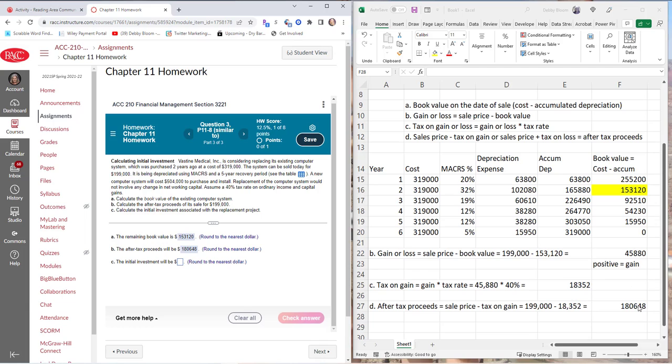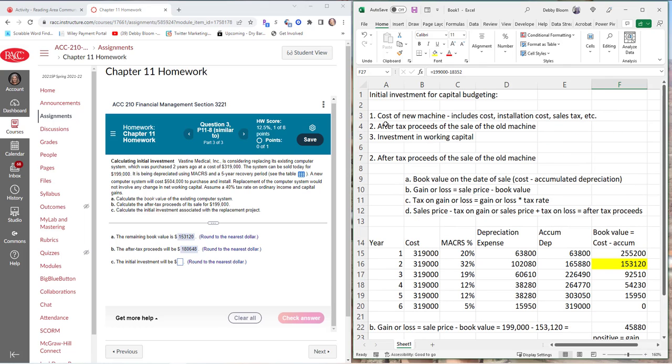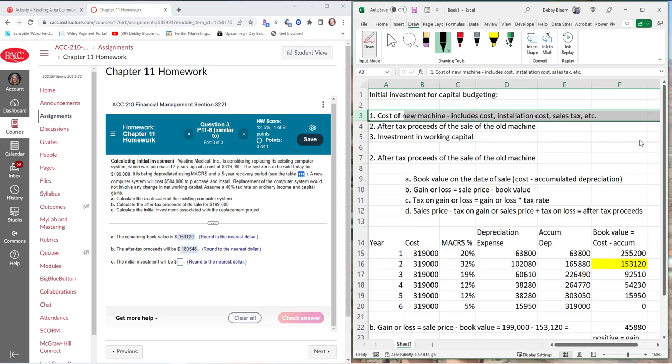Okay, now that we've got our after-tax proceeds, the remainder of the problem, the initial investment, is very easy because we know all of the numbers. So going back to what I typed at the beginning, we have the cost of the new machine. Now the cost of the new machine is going to be negative because we're going to have to pay that amount. The after-tax proceeds on the sale of the old machine is going to be a positive number because we're going to get that money.